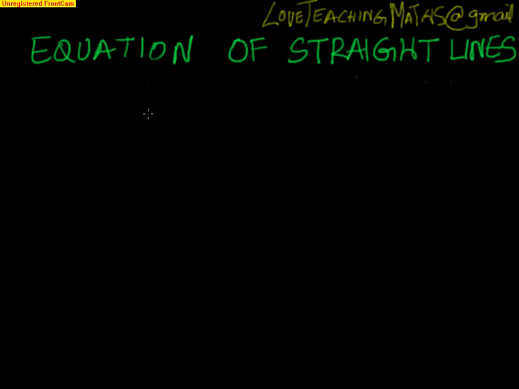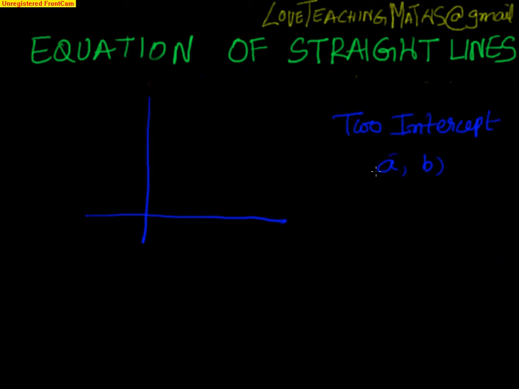Okay, now let's again go to the third equation. What is this equation called? I said this equation is the two intercept form because I have been given intercepts a comma b. This equation is called two intercept form. So there is a straight line.